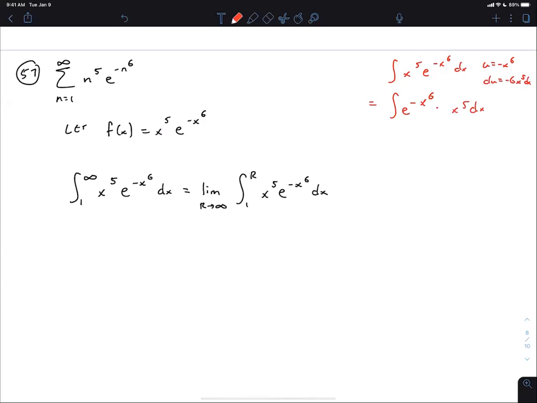We need a negative 6 inside, so we multiply by negative 6 inside and 1 over negative 6 outside. All right, so skipping a little bit up here, we get negative 1/6 e to the negative x to the 6 plus c. So we come back down to this problem.